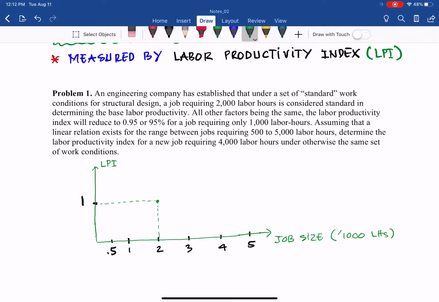And then for the job with 1,000 labor hours, the index is only 95%. So going down, we have 0.5 on the size axis.